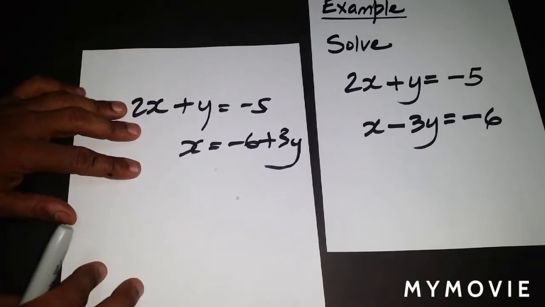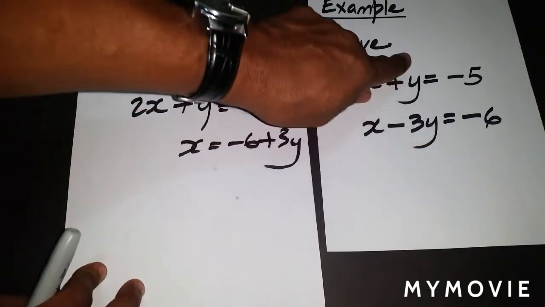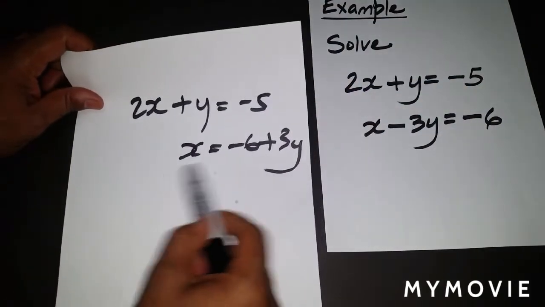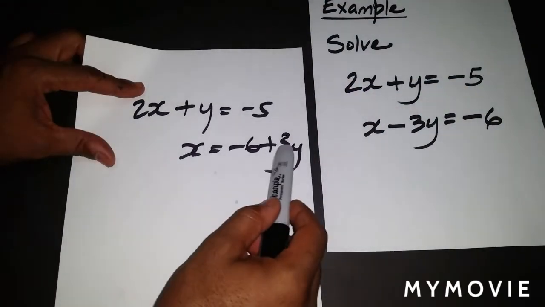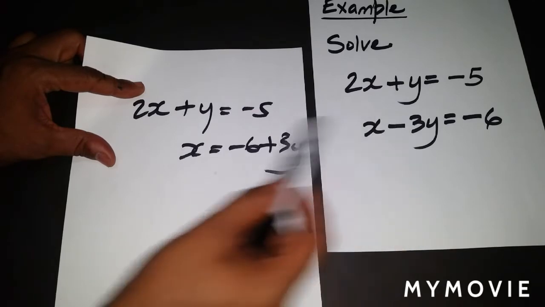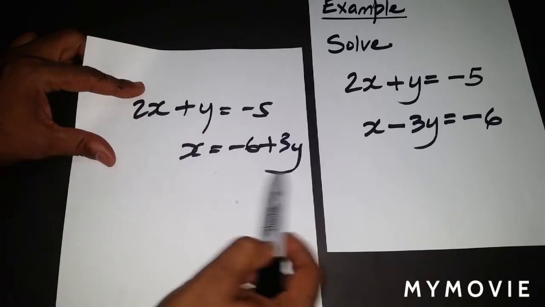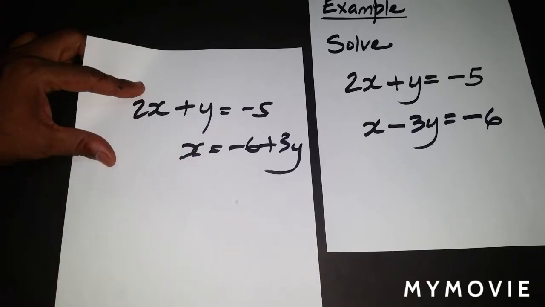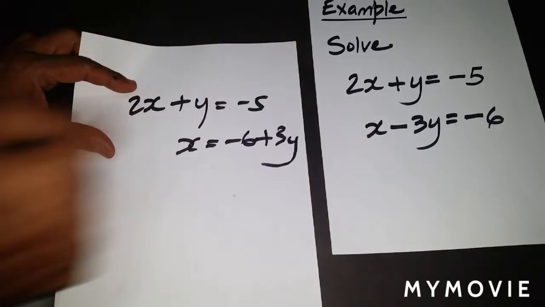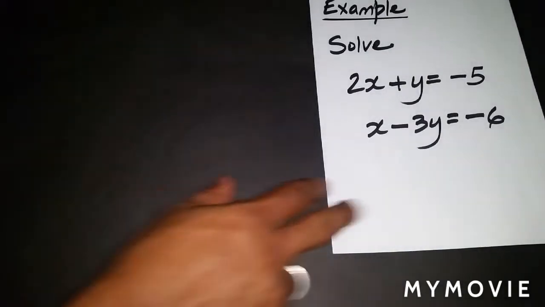In order for us to proceed, it must be organized where we have x's at the front, y's next, and only numbers on the right hand side. This equation would violate that, and we would have to bring over the 3y. Of course, it would be minus 3y, and then we'd make sure that the x's are underneath each other and so on. So we'd have to reorganize the second equation. If you see something like that, organize it like this: x's, y's, and numbers alone on the right hand side. So we're getting rid of that.